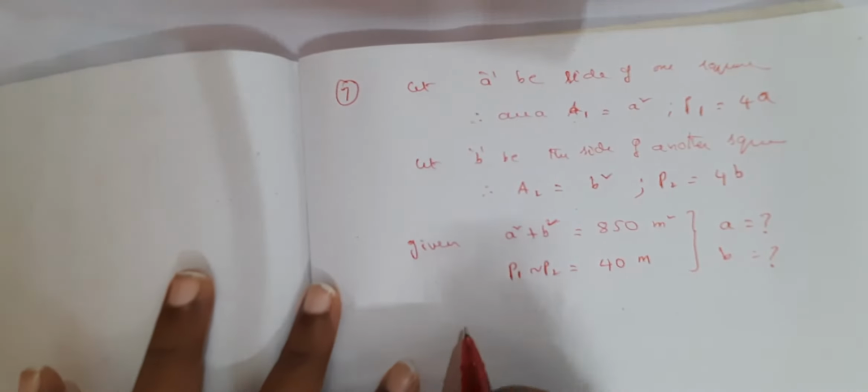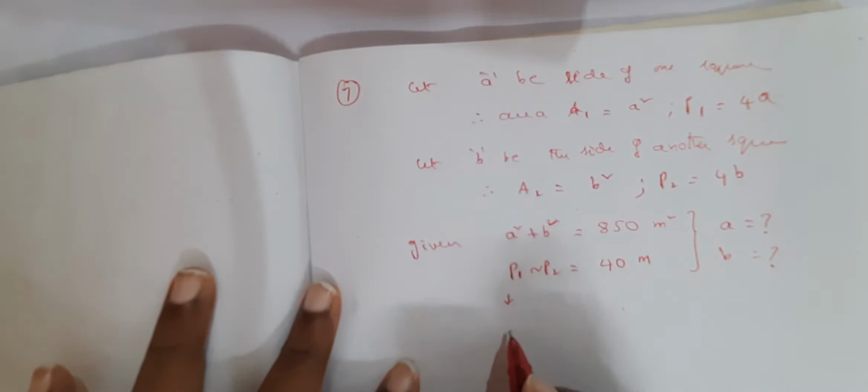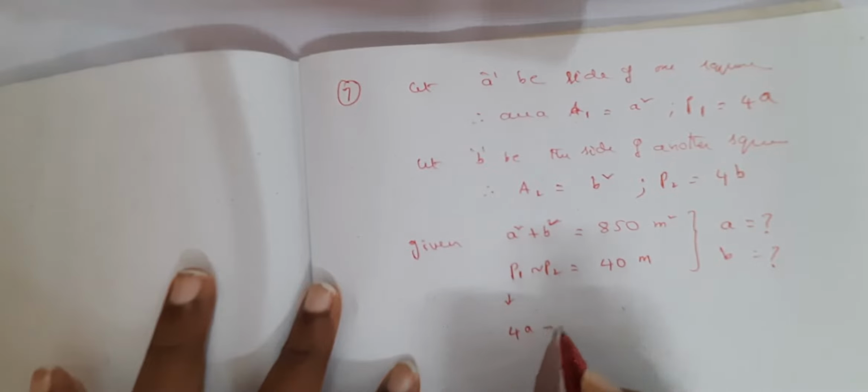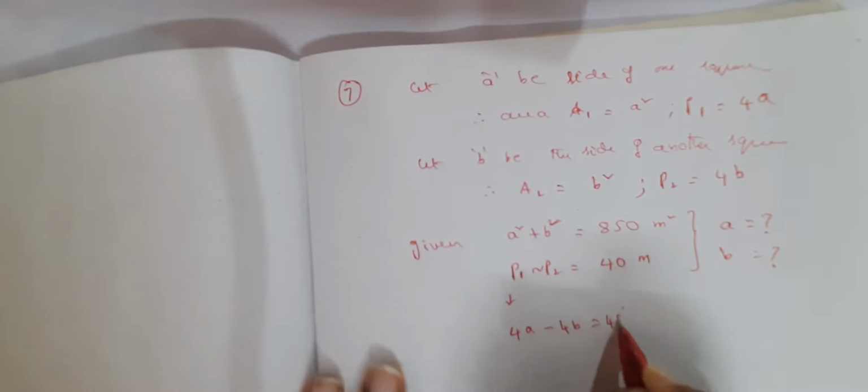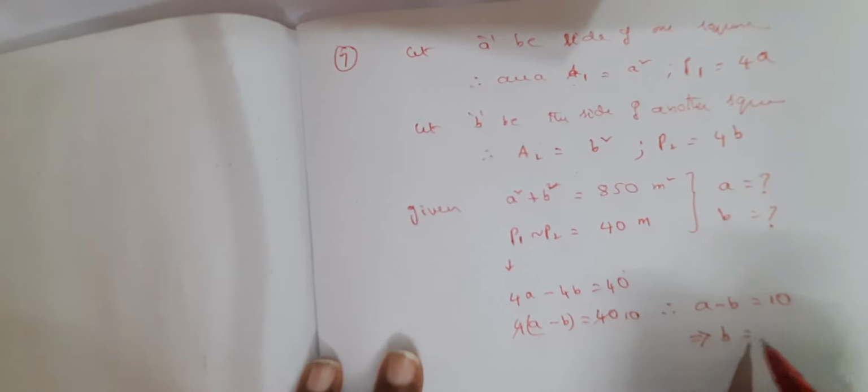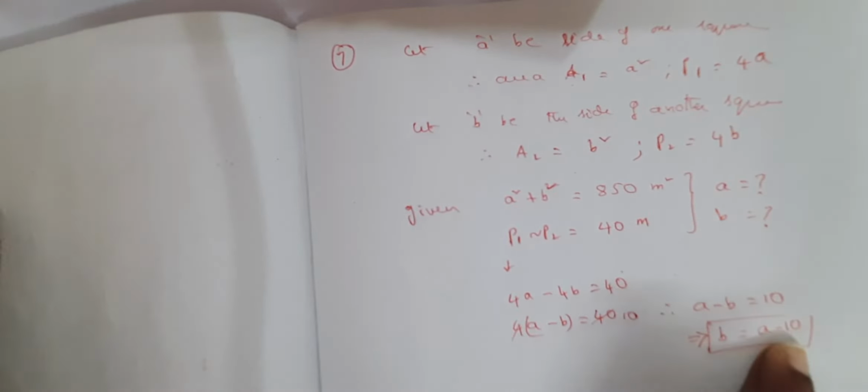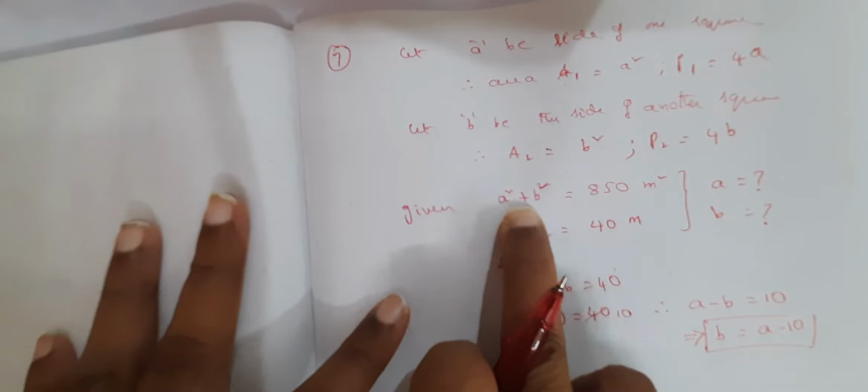So therefore, I can write this equation as 4A minus 4B is equal to 40, or rather 4 into (A minus B) is equal to 40. 4 goes 10 times here, so therefore A minus B is equal to 10, which implies B is equal to A minus 10. Now you can substitute this in this equation.